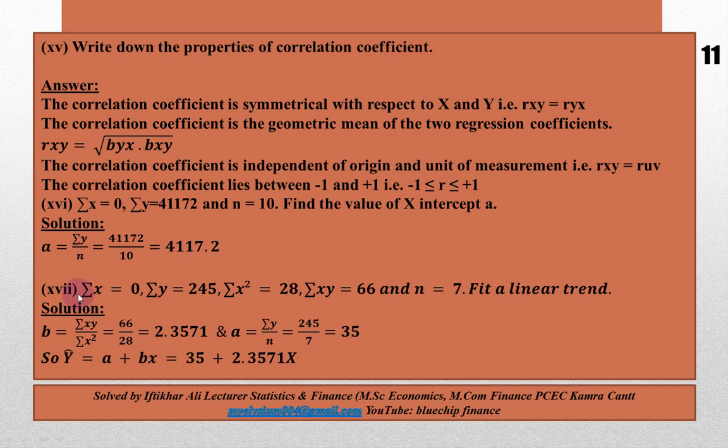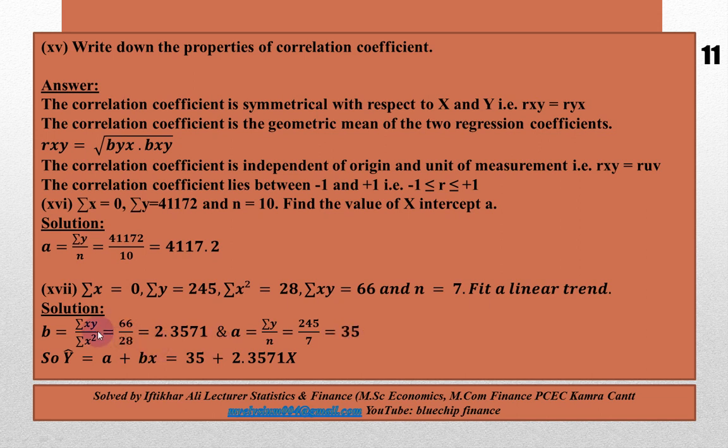Question number 17 is also about time series. Sum of x equals 0, sum of y is 245, sum of x square is 28, sum of xy equals 66 and n equals 7. Fit a linear trend. Linear trend is y hat equals alpha plus beta x. The formula for alpha is sum of y over n: 245 by 7 equals 35.